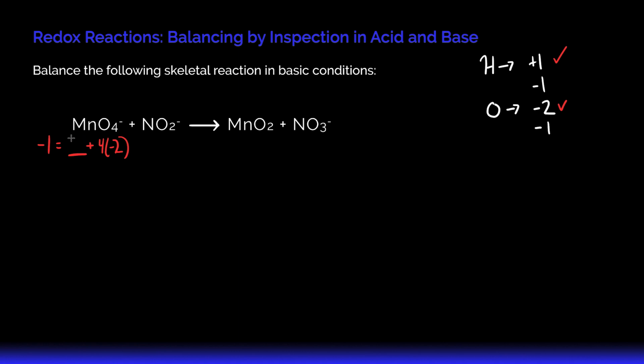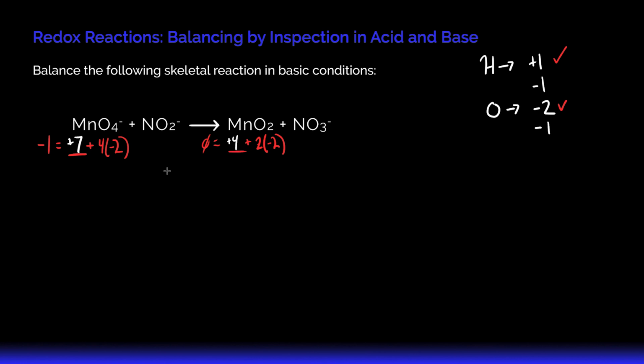And the answer would be +7. Now going over here all the way to the right, we see this MnO2 is 2 times -2. So what plus -4 is going to get me 0? Well, that should just be +4.